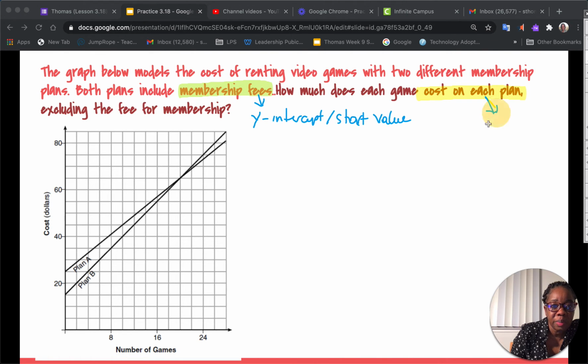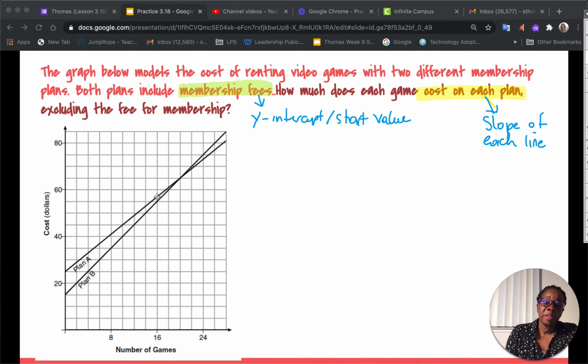So this is going to be the slope of each line. All right, so what we want to do is find the slope of each line, because the slope of each line is going to give us the cost per game.